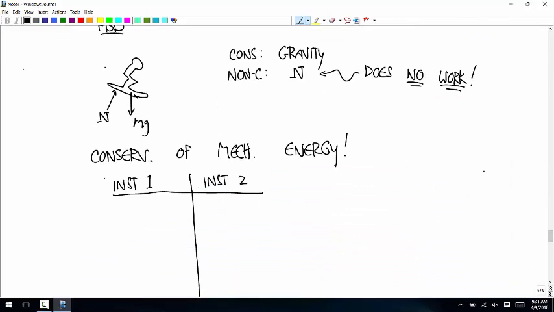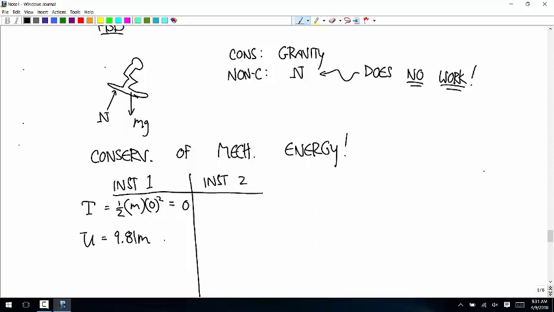Okay, so at instant 1, at the top of the hill, she's not moving, so what's the kinetic energy? That's right, zero. And what's the potential energy? 9.81 times m times the height.